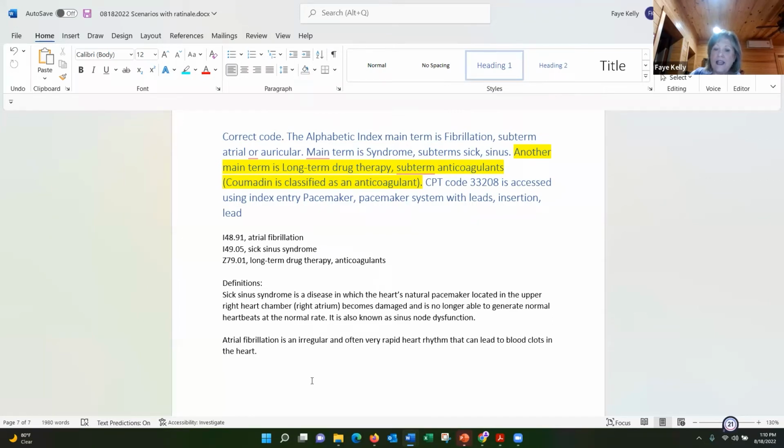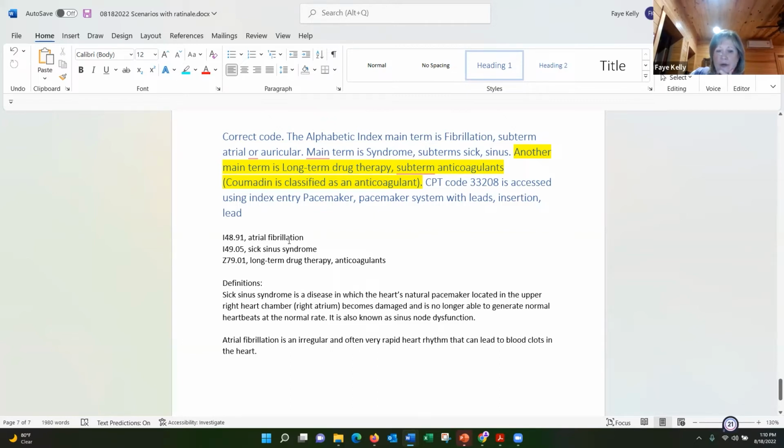Like the patient has the Sick Sinus Syndrome, and one of the manifestations of that could be the atrial fib. So I want you to think about why you would code Sick Sinus Syndrome and Atrial Fib because both of those should be coded.